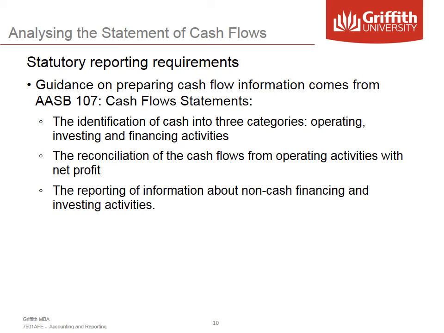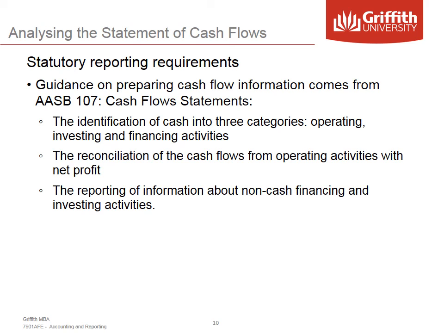Now, I'll direct you to the statutory reporting requirements. AASB 107 defines what we are allowed to and required to put into the statements of cash flows. And so there you'll see the structure always has to be in those three categories: operating, investing and financing. Businesses are required to provide a reconciliation of the cash flows from operating to the net profit, and that's a very revealing statement.